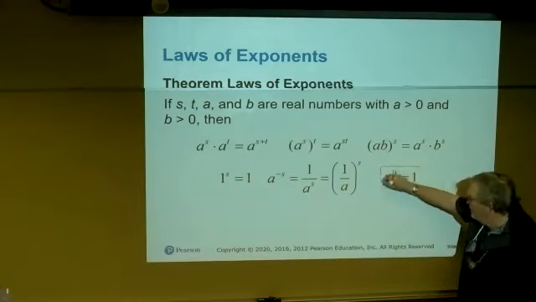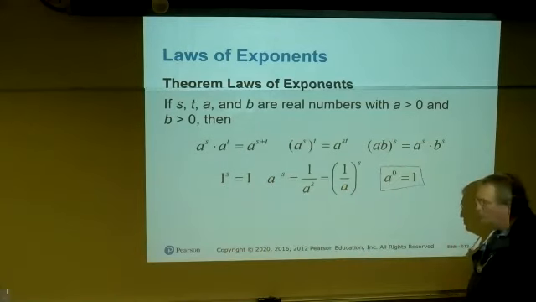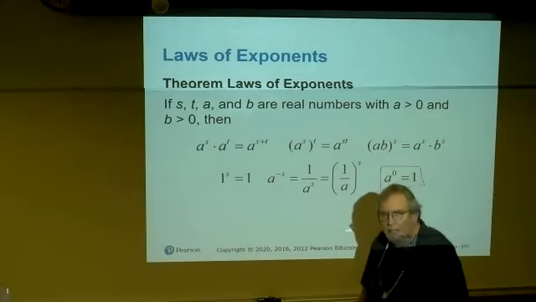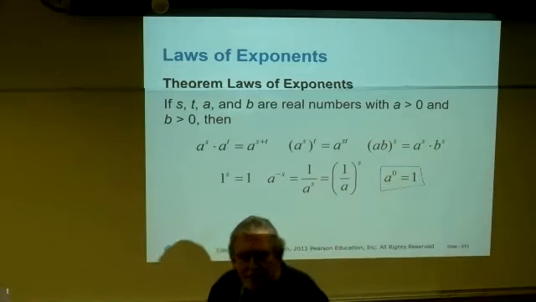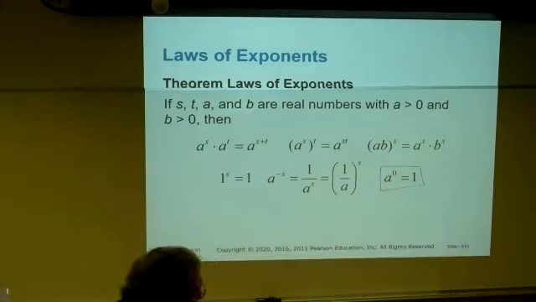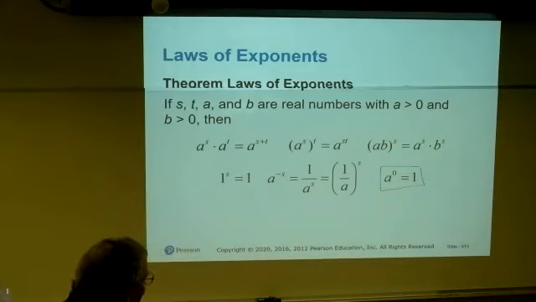This is a truism. The only number it's not true with is 0. I think it's undefined or a special kind of undefined. I always thought it was undefined, 0 to the 0 power.